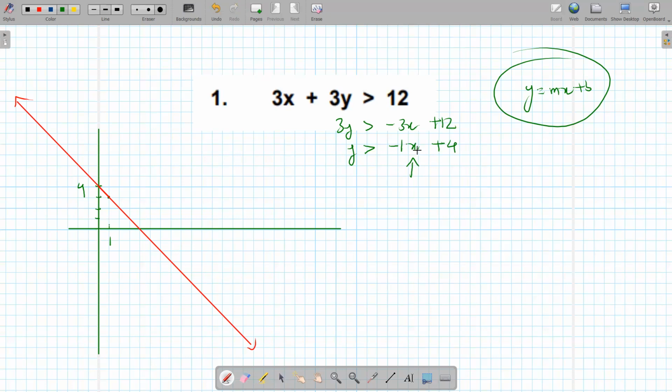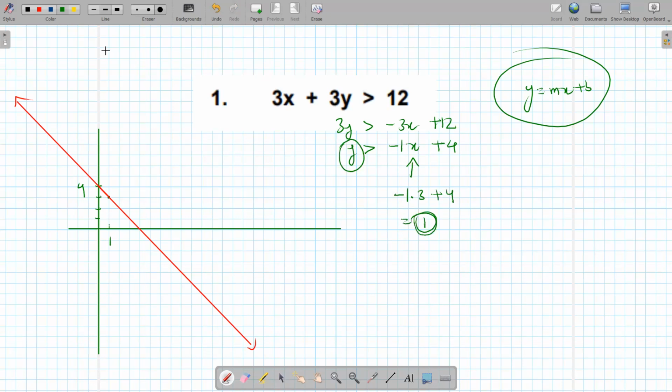Okay? So let's say x is something, I don't know, like 3 or something. Cool? So negative 1 times 3 plus 4, that's gonna be 1, right? So y is gonna be bigger than 1.